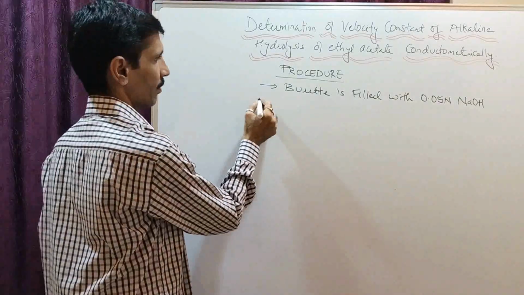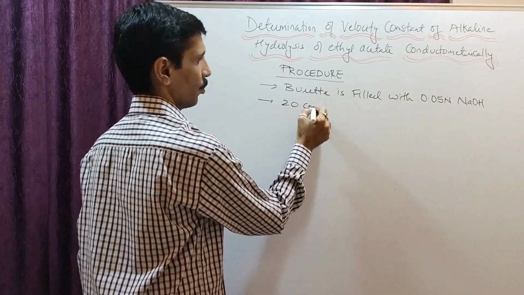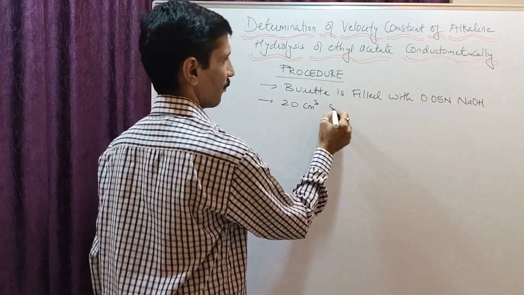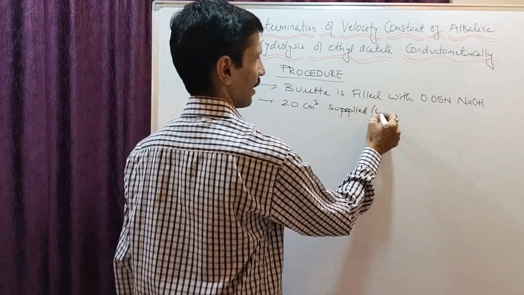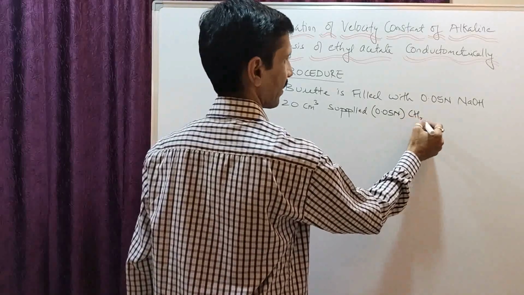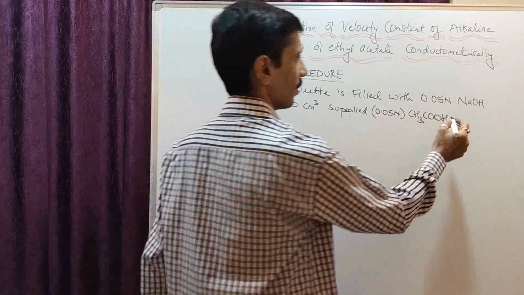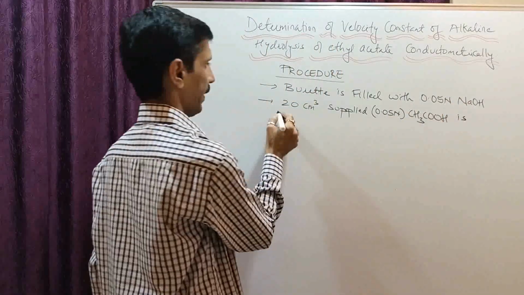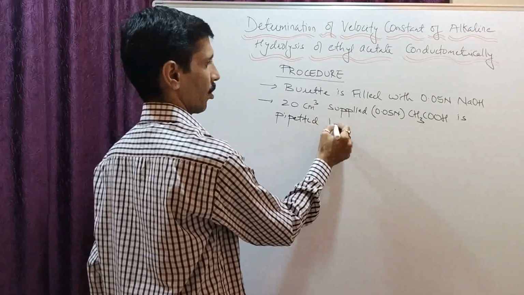Point number 2 is: 20 cm³ of the supplied, approximately 0.05 normal acetic acid, is prepared in a conical flask.